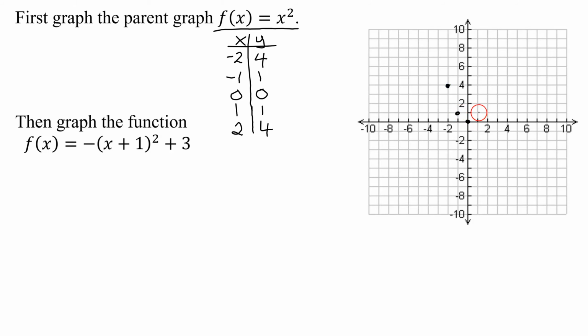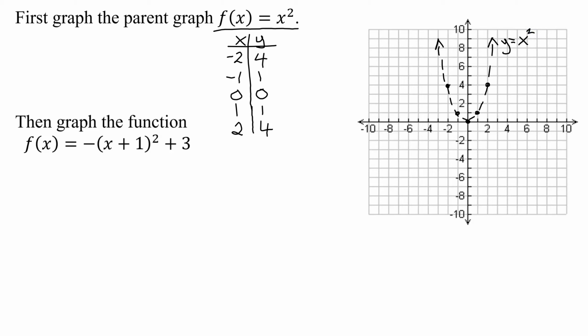And hopefully you can see that I'm going to get the graph of a parabola. So I'm going to sketch in my parent graph. Drawing with this tablet is kind of hard, so you'll have to bear with my terrible sketches. So there is my parent graph of y equals x squared.